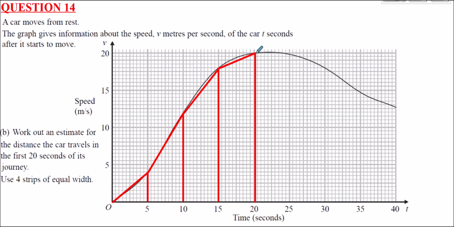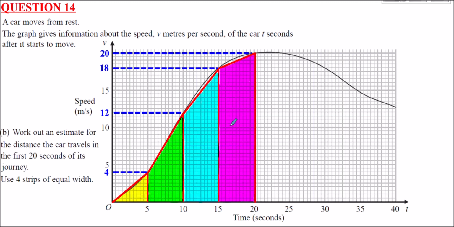And if you read them off correctly, you should find 4, 12, 18, and 20 are the heights of those 4 red vertical lines. So we've now got 4 strips. We need to work out the area of each of those 4 strips, which I've coloured in 4 different colours to make it more visual, like so.